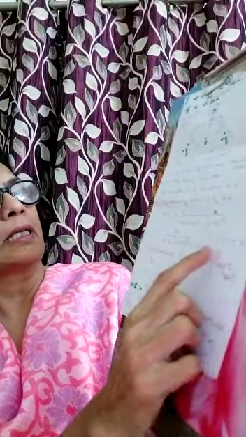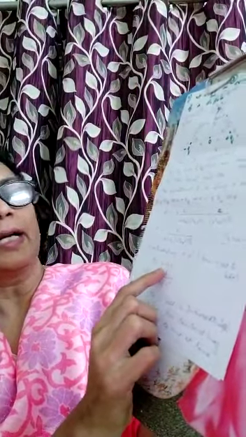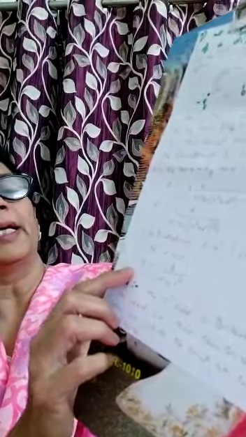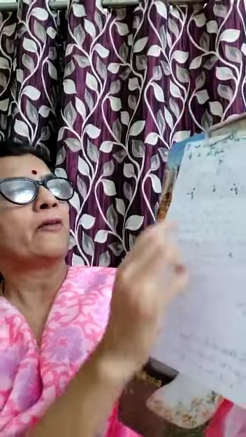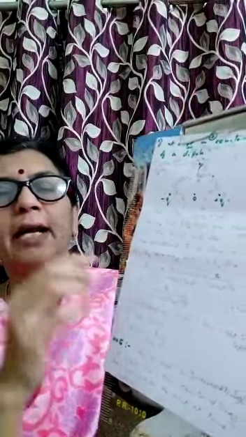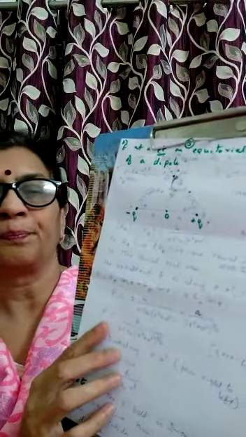If r is greater than a, then the formula is E is equal to P by 4 pi epsilon naught r cube. The direction of E is from right to left, that is along the negative x-axis in this case.